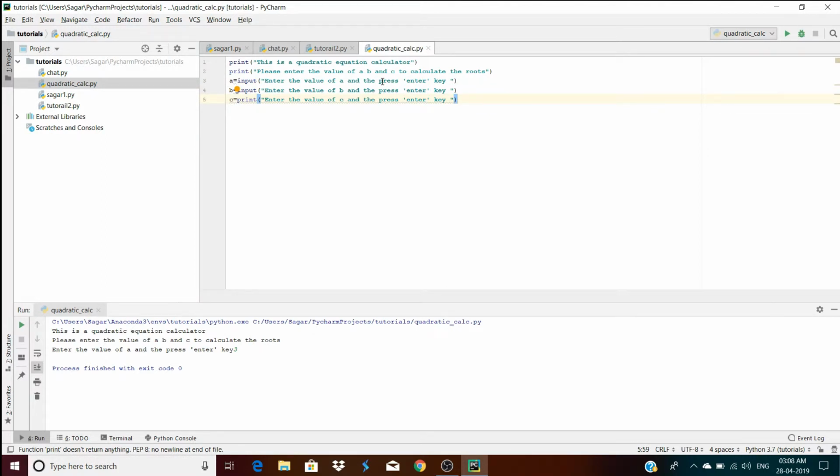Fine. And then let us show the quadratic equation to the user. Let us print: your quadratic equation is, so that it would look better. And then in the next statement let us print first of all a into capital X, isn't it?